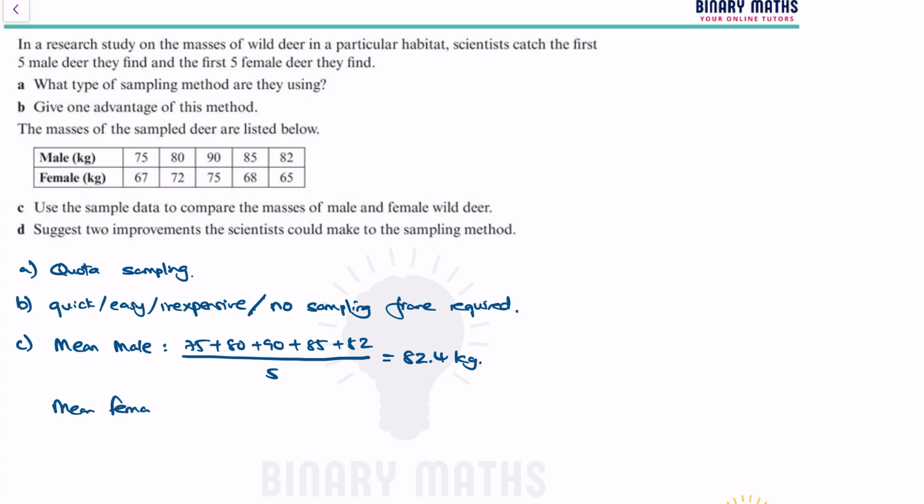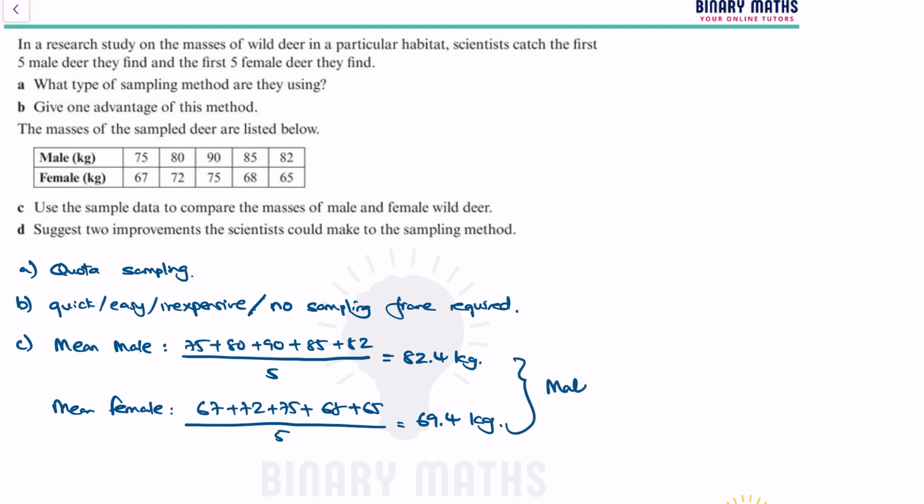Mean female will be equal to 67 plus 72 plus 75 plus 68 plus 65 divided by 5, 69.4 kg.